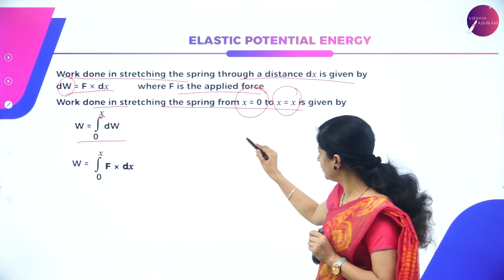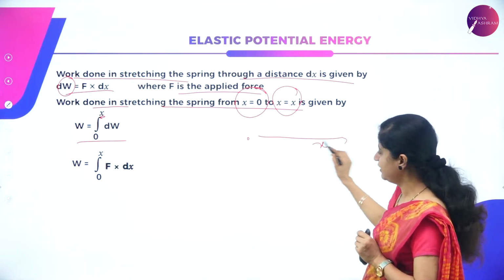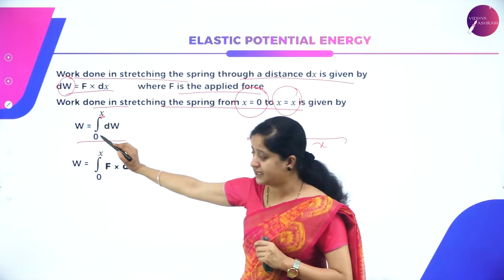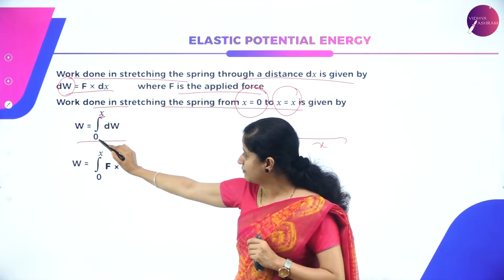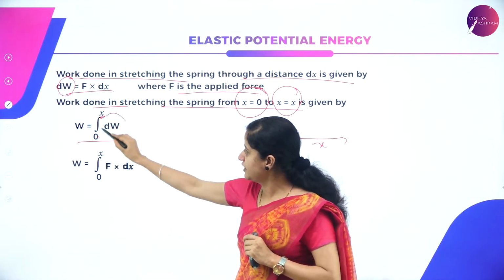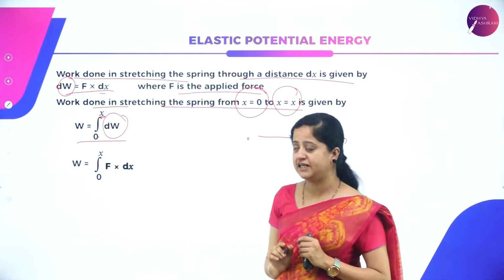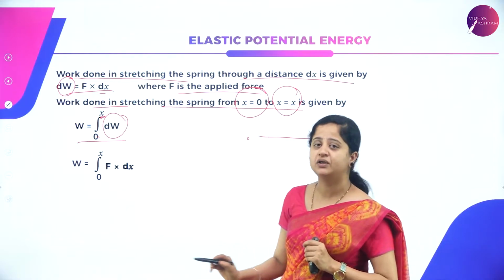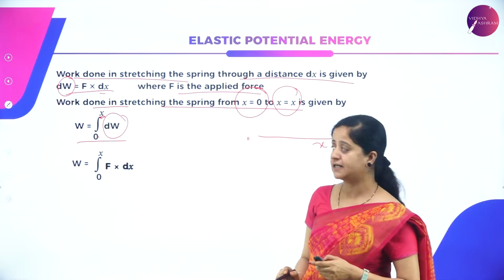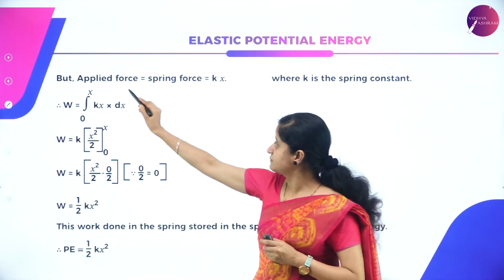So W is equal to the integration of dW from limits 0 to x. Now we substitute dW by F into dx, and hence we get W equal to the integral from 0 to x of F dx. Here F is the applied force.